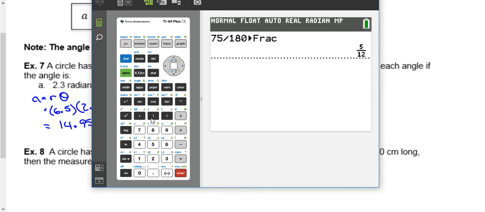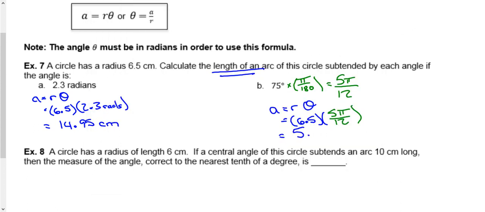So if you had 6.5, and then you have your 5 pi over 12, and there you go, you get 5.81, basically 5.81 centimeters. There you go, that's the second one.